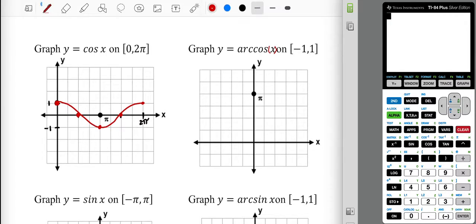Alright, so every coordinate when you graph an inverse gets swapped. So 0, 1 gets plotted as 1, 0. So I'll make this 1, 0. This point here would be pi over 2 comma 0. So we're going to plot 0 comma pi over 2.